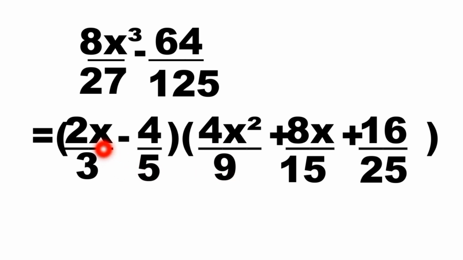Then multiply 2x over 3 and 4 over 5, so we have 8x over 15, and square the last term, 4 over 5, so 16 over 25. This is minus, and this is plus and plus. That is how to get the factor of the difference of two cubes.